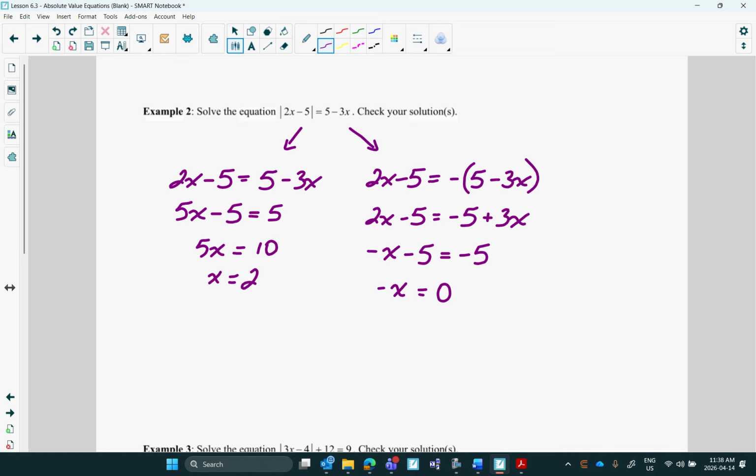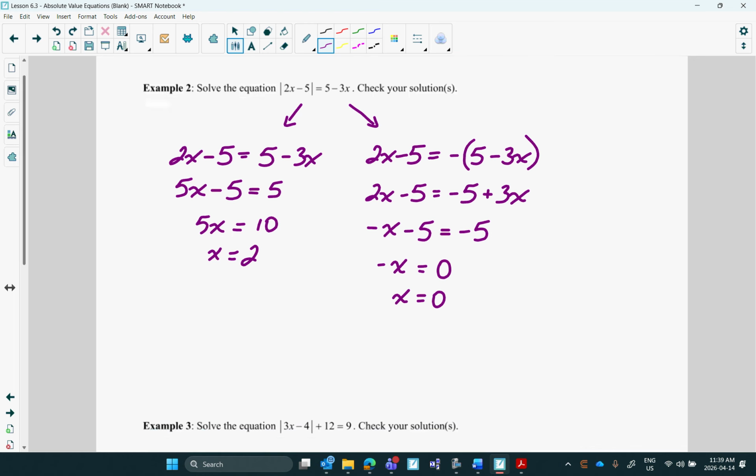And then how do I deal with negative x? Well, just change the sign here and change the sign here. Well, if you change the sign here, nothing changes. So it's still 0. So that's another potential answer. But in order to confirm those answers, I have to check them.